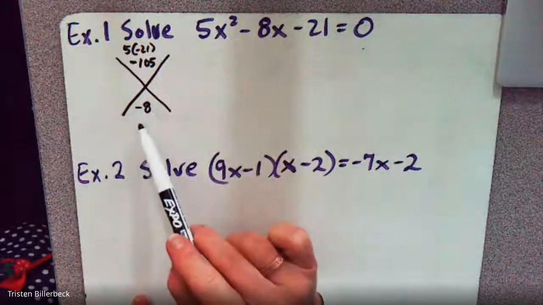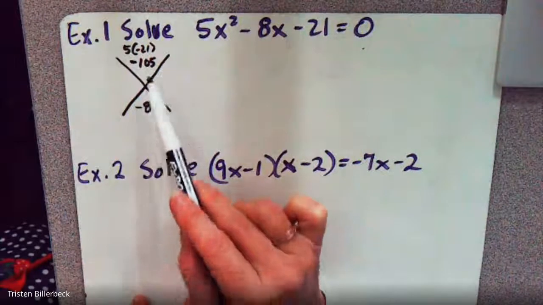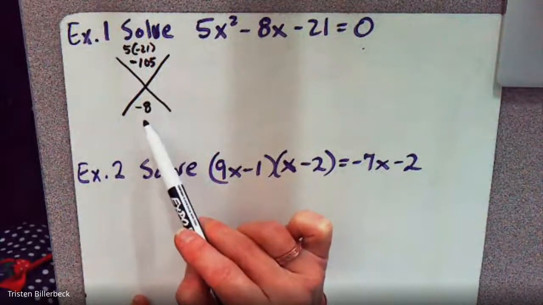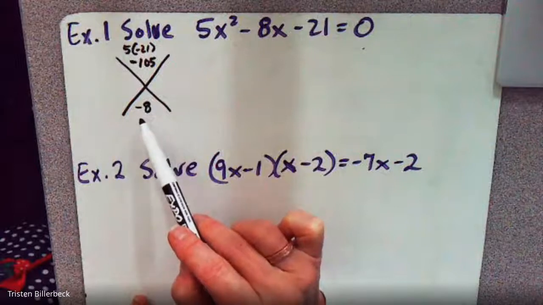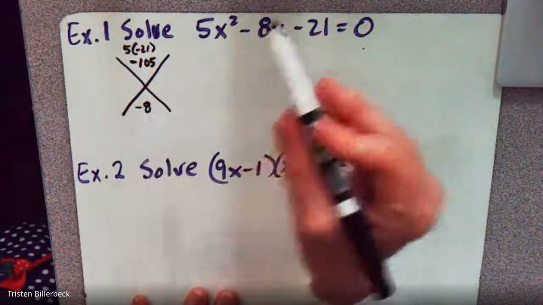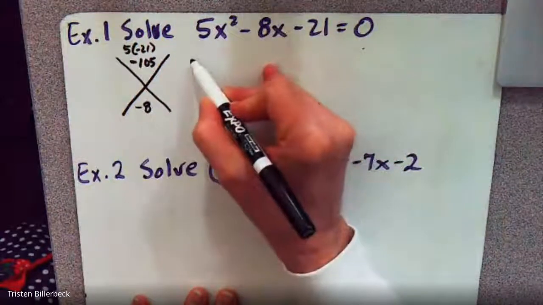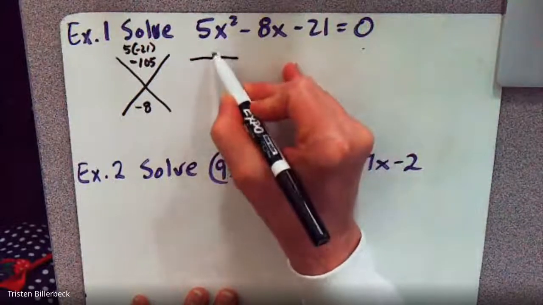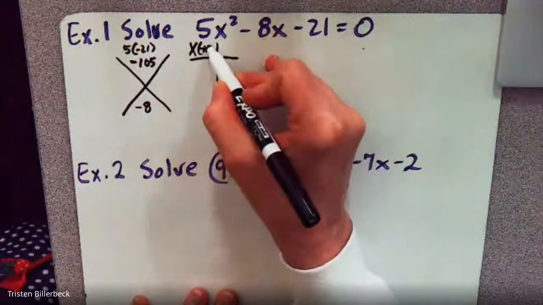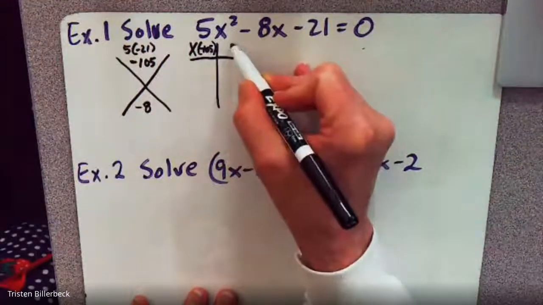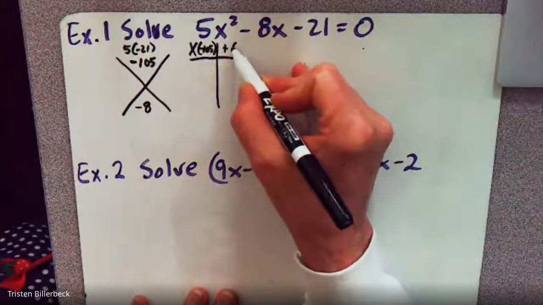So we know that the two factors are very close together, and we also know that the bigger one's negative because this is negative. So let's quickly look at what factors we might have. It multiplies to be negative 105, and it adds to be negative 8.